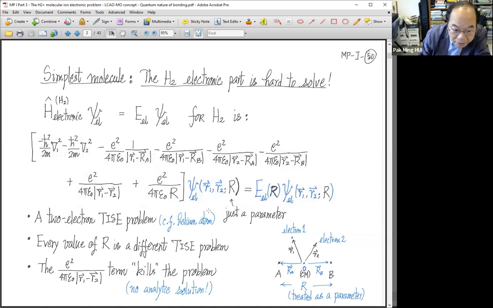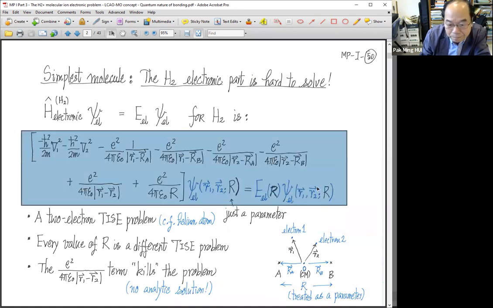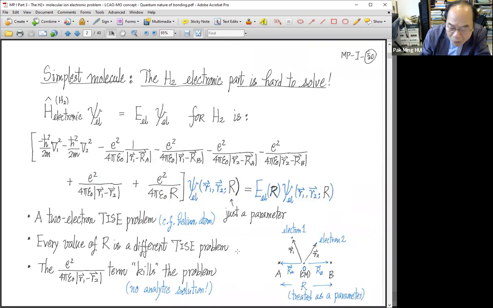If you compare this, it is slightly more difficult than the helium atom problem. Helium has two electrons, but one center. This problem has two centers with two electrons. So even if you take the center of mass, you unavoidably still have a two-electron problem. Can we do that? Well, roughly, yes. But we know this Coulomb repulsion term kills the problem.